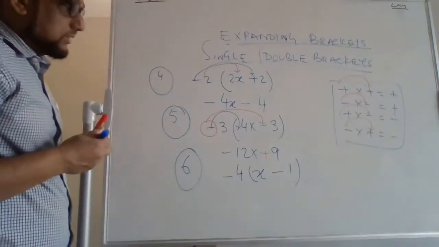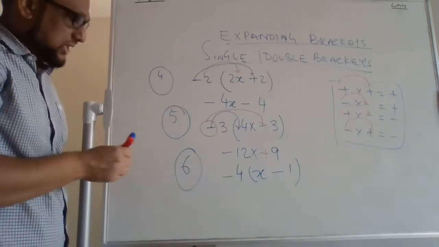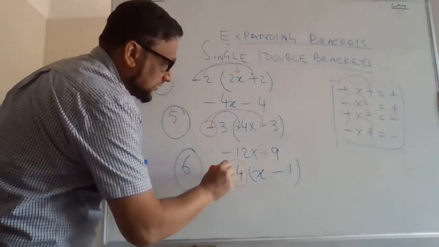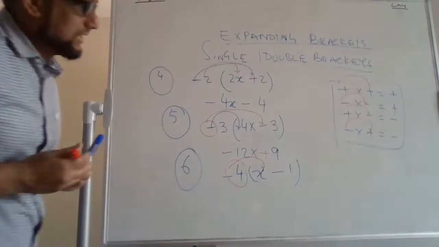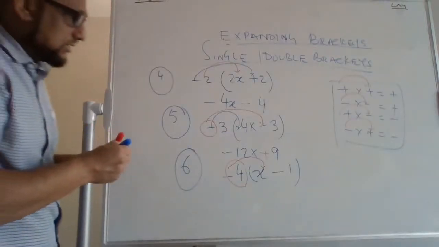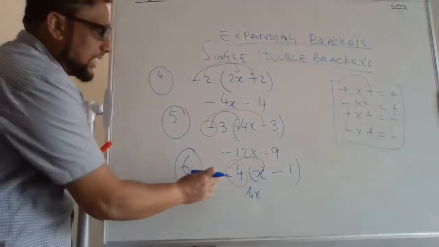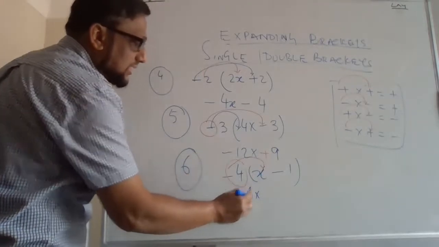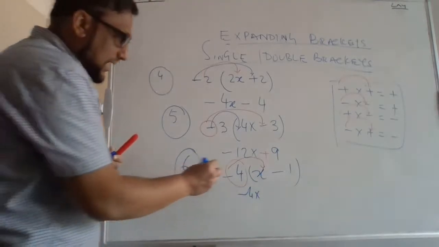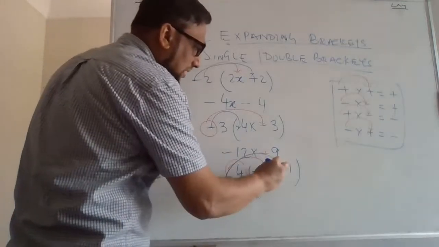So the first thing we need to times with this 4 to x, which is 4x, and the sign minus times plus, which is minus, and the next step, this minus times with this minus.